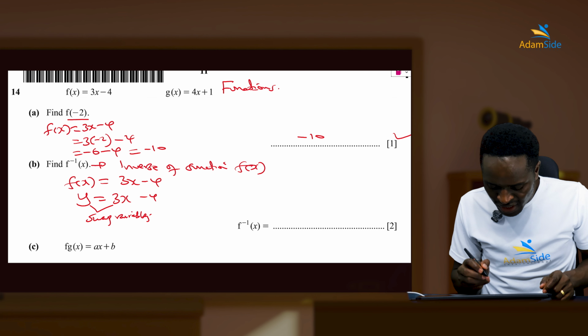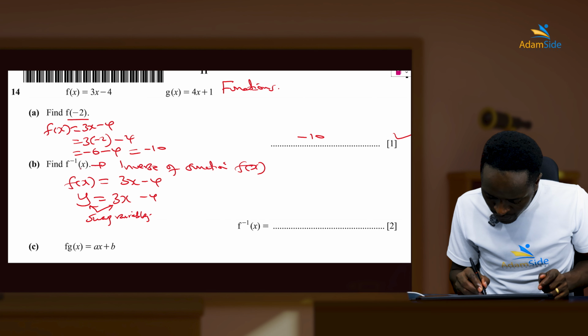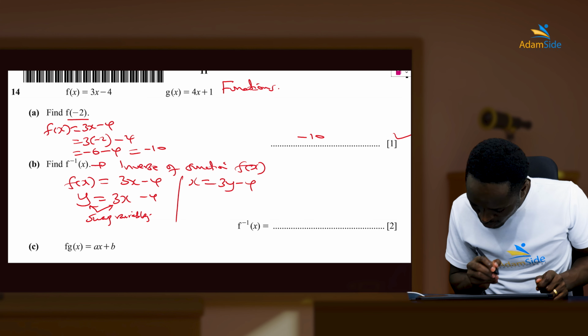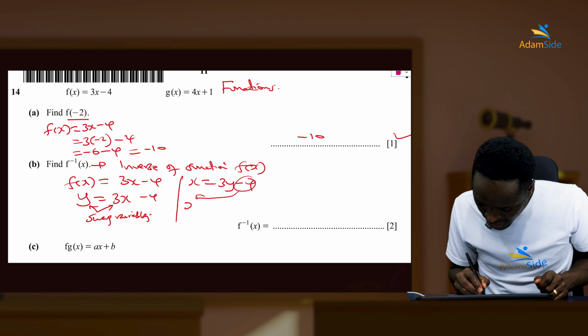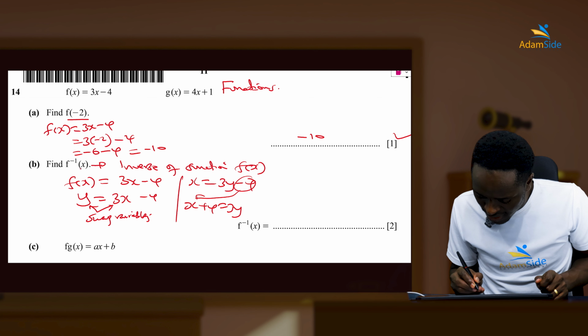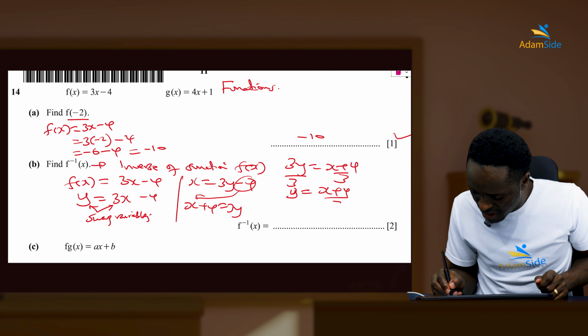Where there is x, put y, and where there is y, put x. So in other words, x is equal to 3y minus 4. Make y the subject. To make y the subject, you take negative 4 to the other side, and y remains. So x plus 4 is equal to 3y. Then 3y is equal to x plus 4. Divide both sides by 3. y is equal to x plus 4 divided by 3.